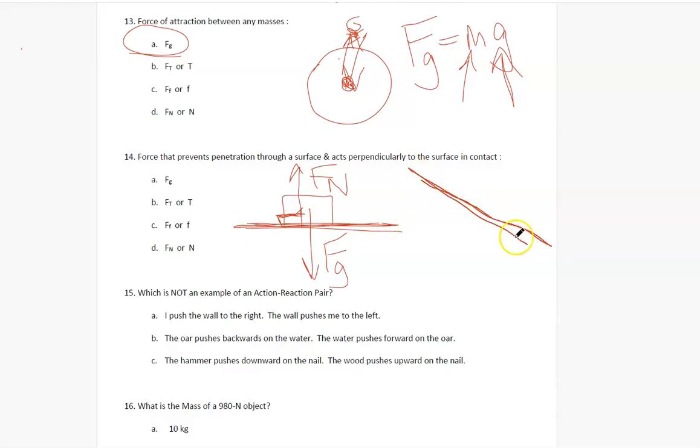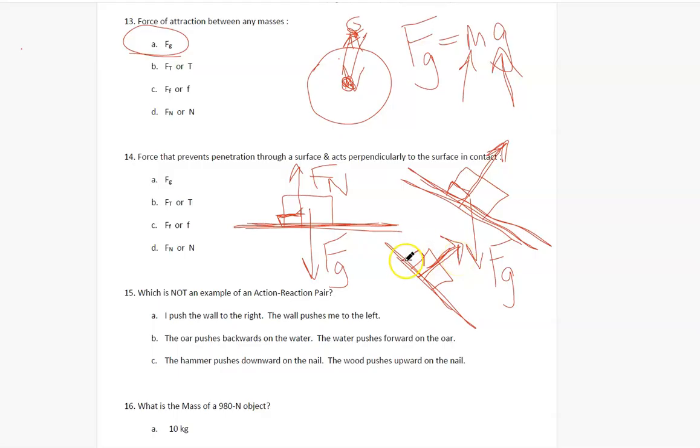And in fact, if we had a surface at an angle and we put that box at an angle, gravity would still be pulling straight down because it's to the center of the Earth, but the normal force is always perpendicular to the surface, even if the surface is tilted. If I tilt it even more, the normal force is tilted even more. So the normal force is always perpendicular to the surface, and it's what keeps the box from going through the table. It's what keeps us from going through the floor or the ground outside.